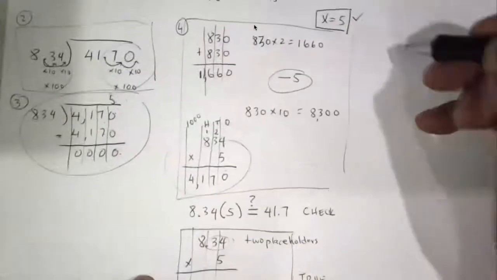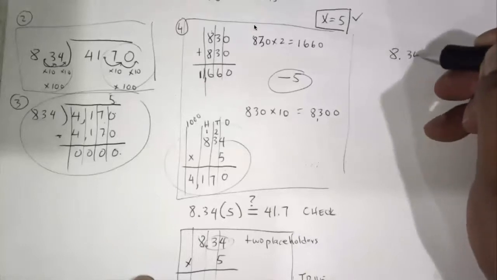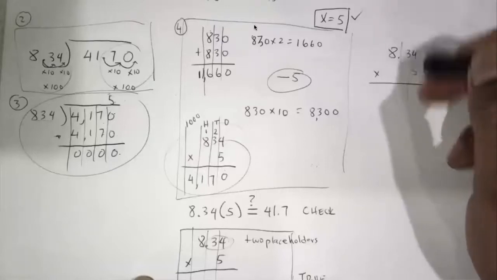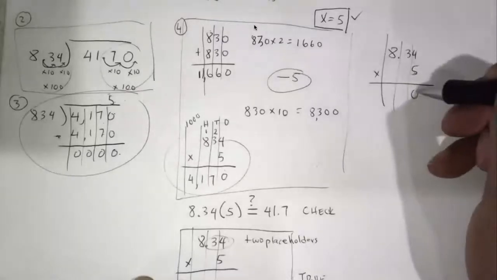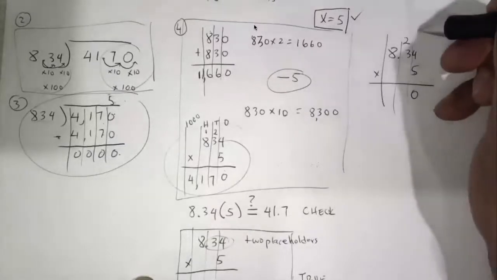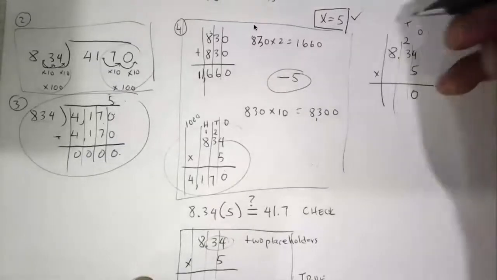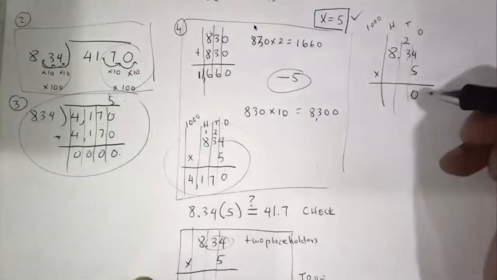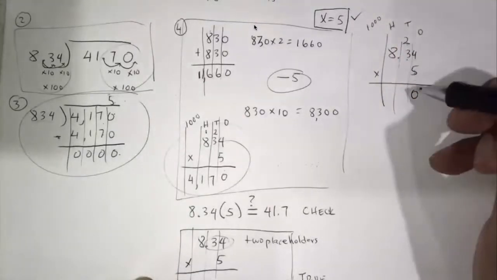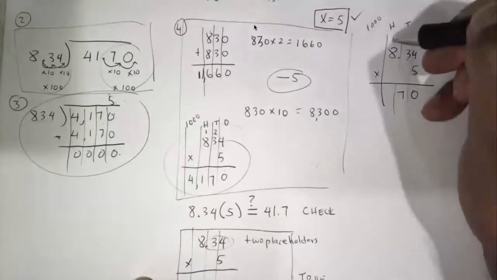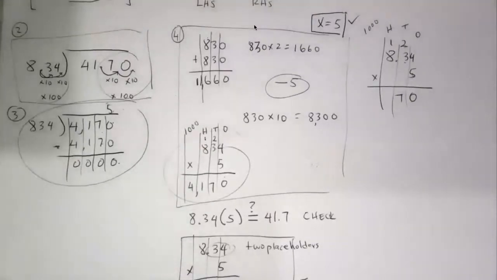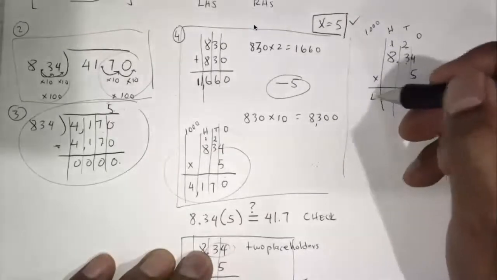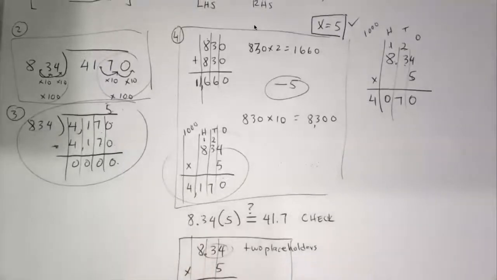So I'm moving on over here, 8 and 34 hundredths, multiplying that by 5. The placeholders: 4 times 5 is 20, so this is my 1s, 10s, hundreds, and thousands. 5 times 3 is 15, and the 2 that got carried over is 17, and I have another regrouping. 8 times 5 is 40, plus that 1 from the regrouping, 41.